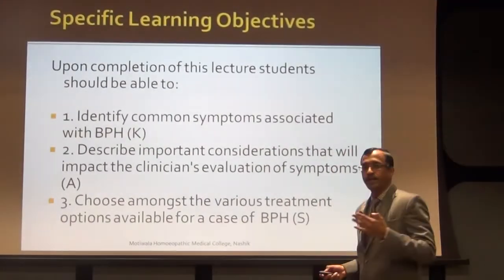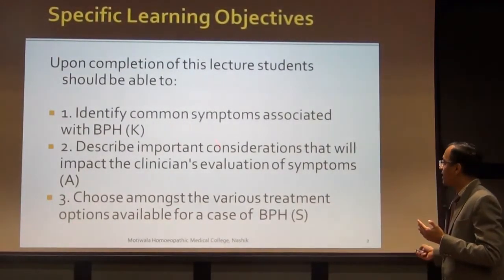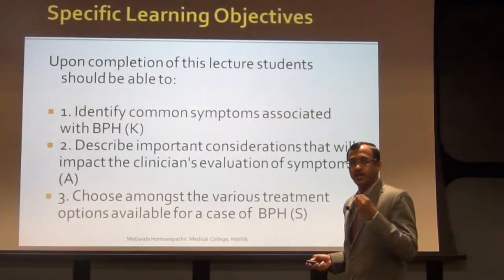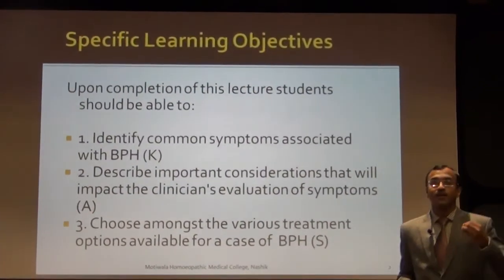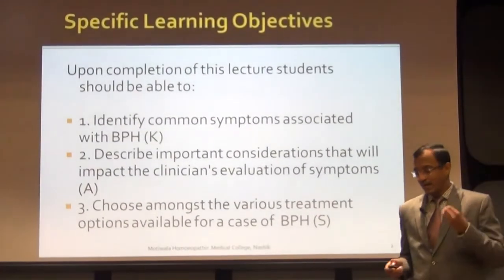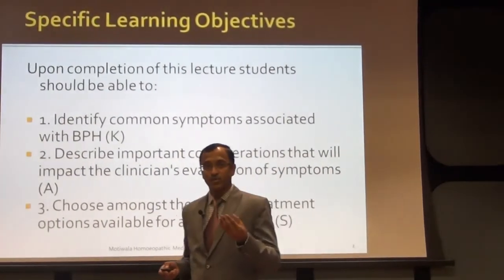So we'll move ahead, so that at the end of this lecture you should have these three competencies: at knowledge level, at aptitude level, and at skill level, like digital per rectal examination, which is again important.